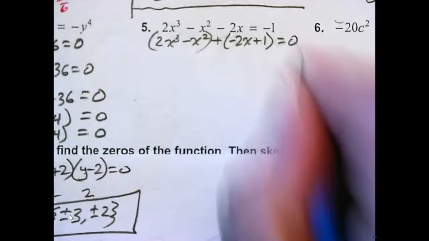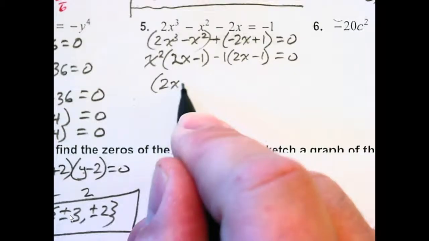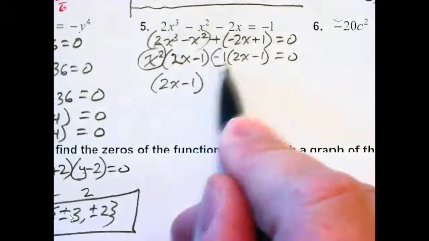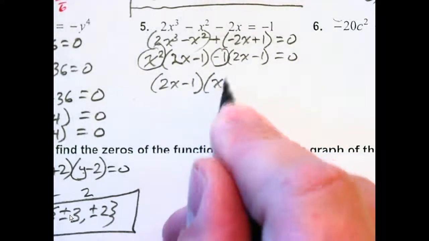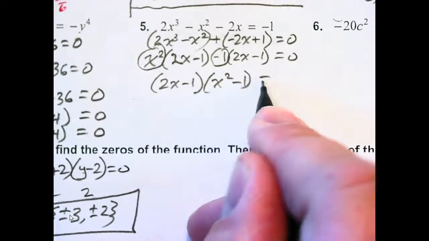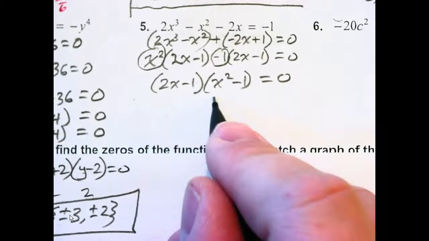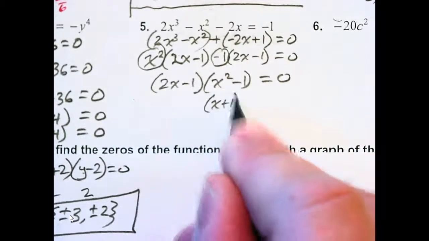So now I have the same groups. How many made it that far? Very good. So the group that I can take out is 2x minus 1. That's the thing they have in common. Then I'm left with x squared minus 1. That goes in my next set. This part is difference of 2 squares. x plus 1, x minus 1.